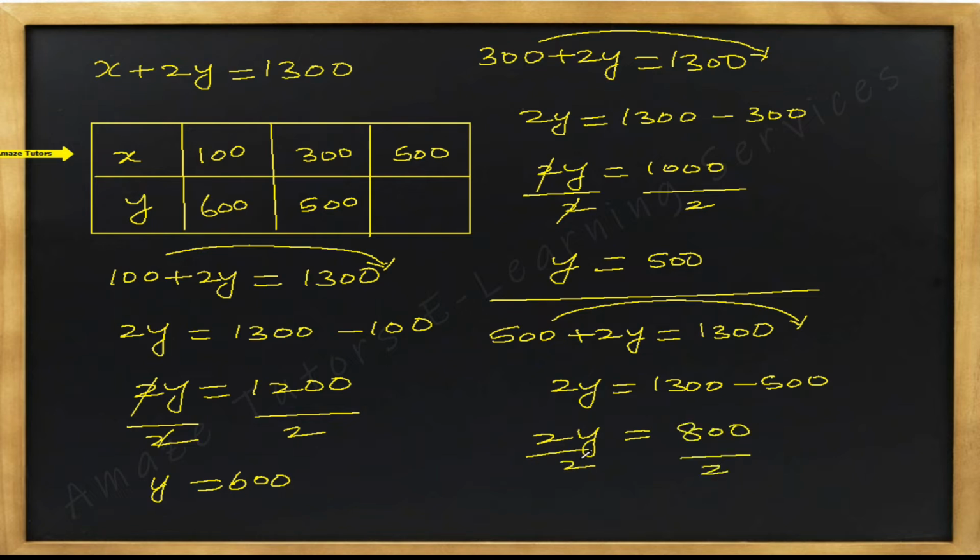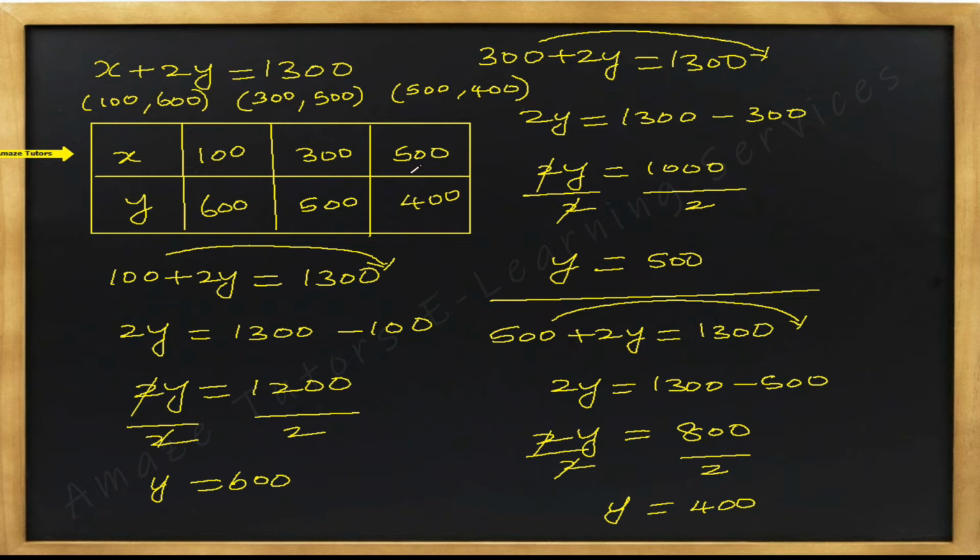Dividing by 2 will give you the y value as 400. So we found out the three coordinates. The three coordinates are 100, 600; 300, 500; 500, 400. We are going to use this for plotting and graphing.